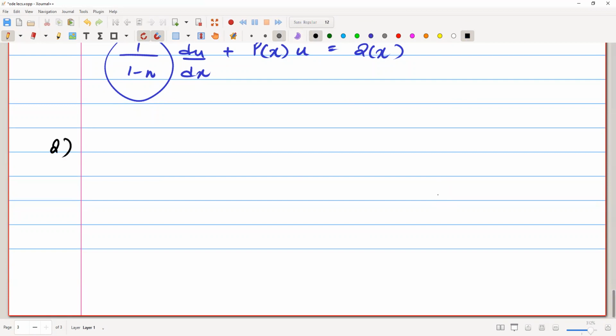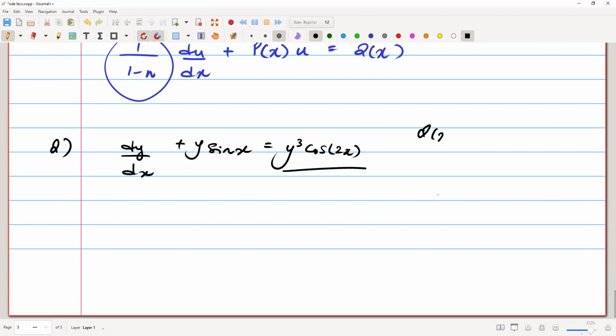So let's take this problem, that is dy by dx plus y sine x equals y cube cosine 2x, right? So we have this problem. What we need to do is we just need to compare this with the standard form of Bernoulli's equation, and we know that this is a type of Bernoulli equation because here we have q of x times y to the power n form, right?